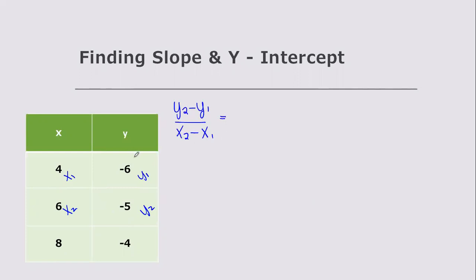So let's go ahead and use our labels and plug them into our slope formula. y2 minus y1, y2 we labeled -5, so -5 minus y1, we labeled -6, over x2 minus x1, x2 we labeled 6, minus x1 is 4.